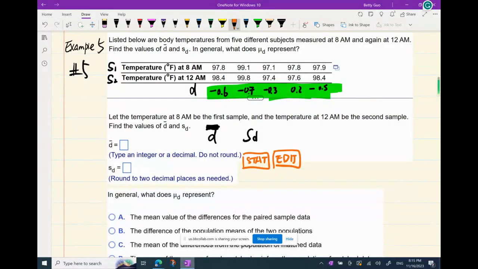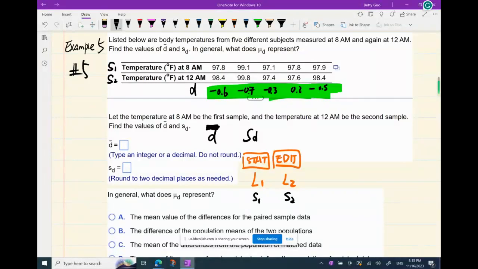You would see the first 3, and if you move to the right, you would see another 3. But we are only going to use L1 and L2. I'm going to enter first sample values in L1 and second sample values in L2. Let's do that together.